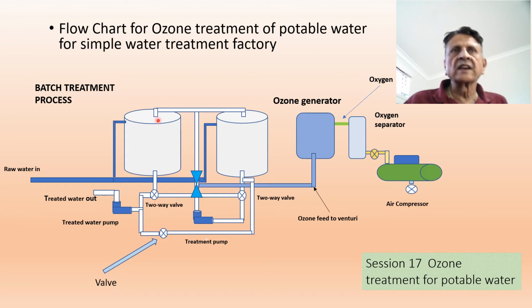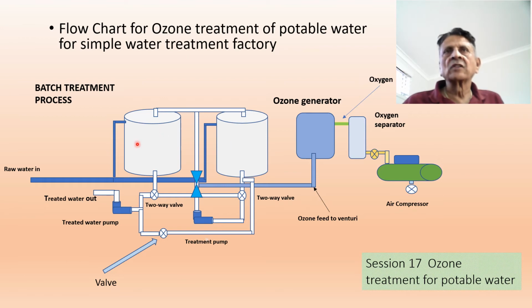And when this is emptied, new water fills in again, and the treatment now proceeds with this tank while this is filling, and by the time this is filled, the water in the tank is treated and it can be used, followed by refilling of this tank.